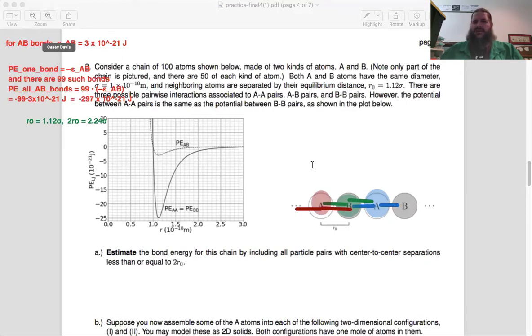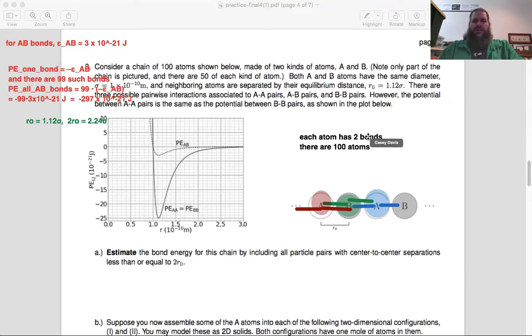If we wanted to calculate using a formula how many bonds there are, we could say each atom has 2 nearest neighbors. Let's say 2 bonds. And how many atoms are there in total? Yeah, 100 atoms.